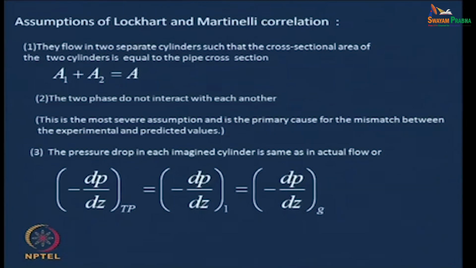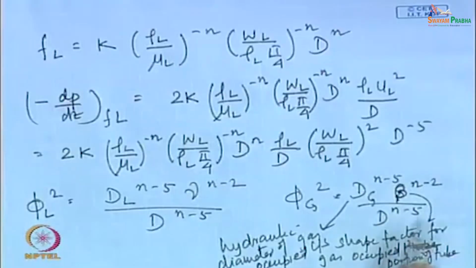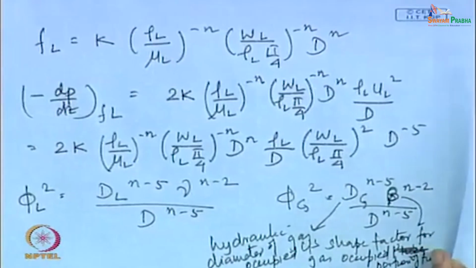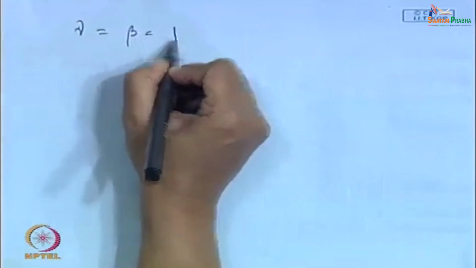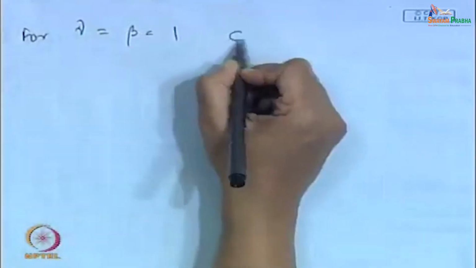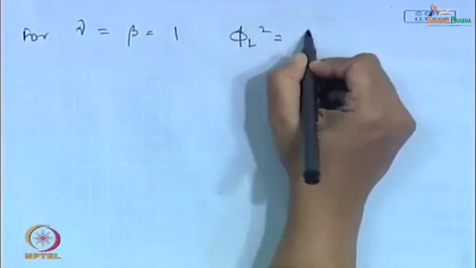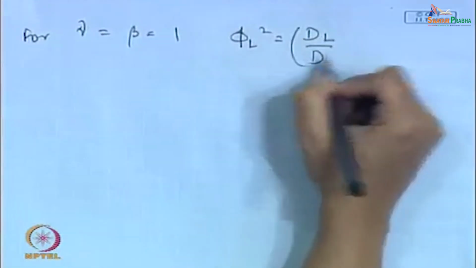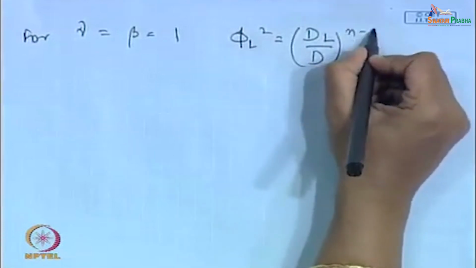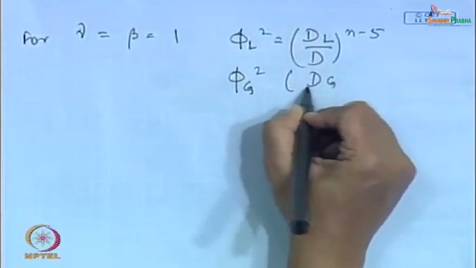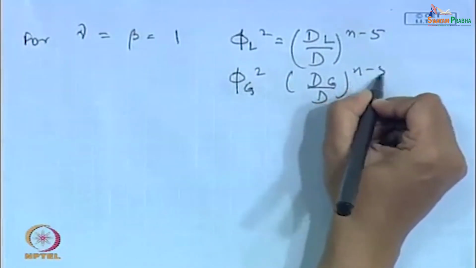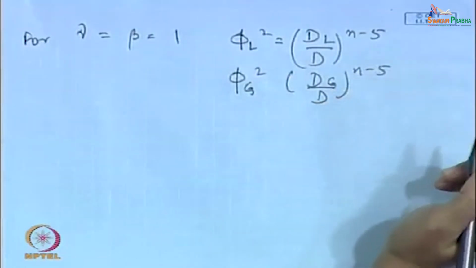So, therefore, in the first assumption itself we had assumed gamma equals to beta equals to 1. Okay. So, therefore, we find that for the situation where gamma equals to beta equals to 1, for that particular case phi L square is nothing but dl by d whole to the power n minus 5, phi g square will be equal to dg by d whole to the power n minus 5. Okay.